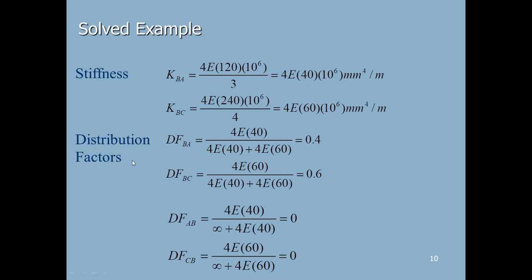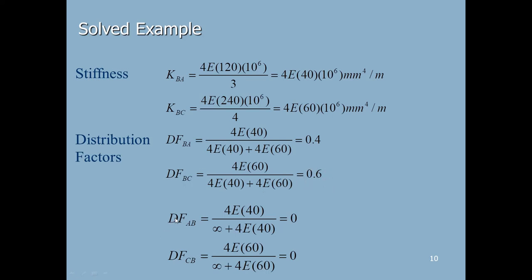Then distribution factors for BA, in the same way, will be stiffness for BA divided by the joint stiffness. So at B there are two members, BA and BC, so we have to put here stiffness of BA and stiffness of BC in the denominator. So this way we can get these values. Distribution factor for BA is 0.4, distribution factor for BC is 0.6.